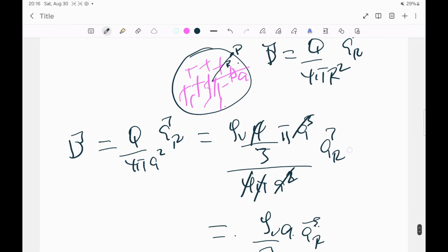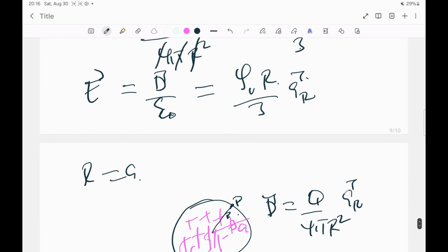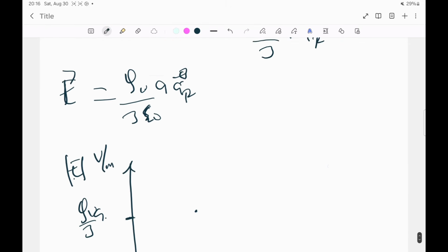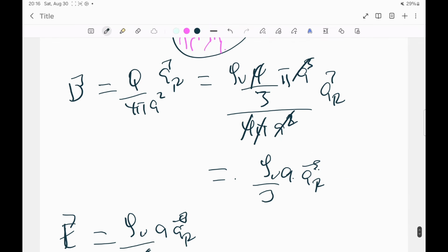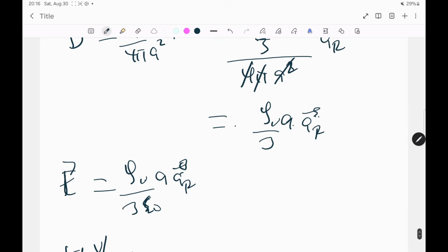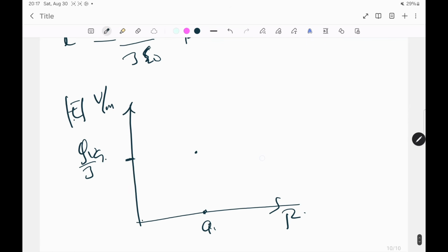We get this one here, with epsilon naught, so we get something of this nature.